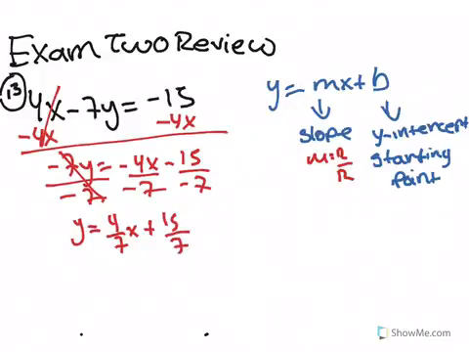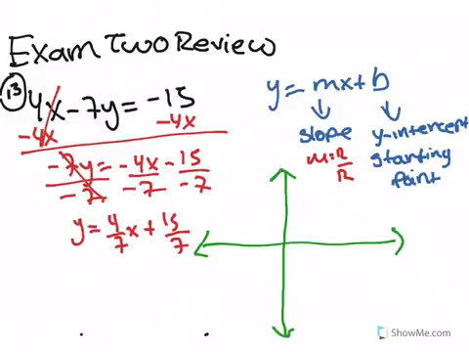Now I'm going to graph it. I'm going to try to graph it in my small space over here. My x-axis. And what is 15 over 7? We want to have an estimate of what is 15 over 7.